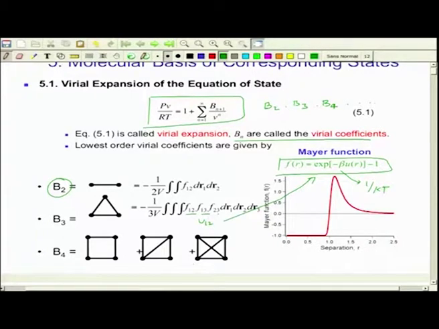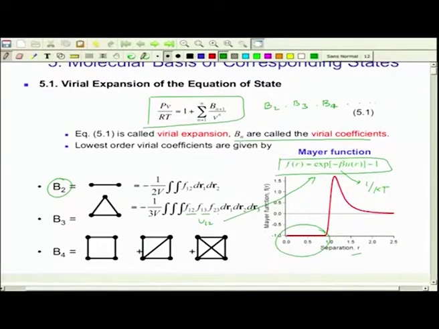Now, the Mayer function is not exactly the potential function. Though it depends on the potential energy, it is different from the typical potential energy. If you plot this function as a function of r, it looks like this. So there is a certain contribution where it is 0.